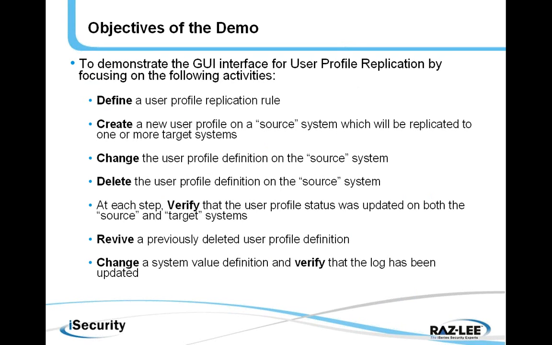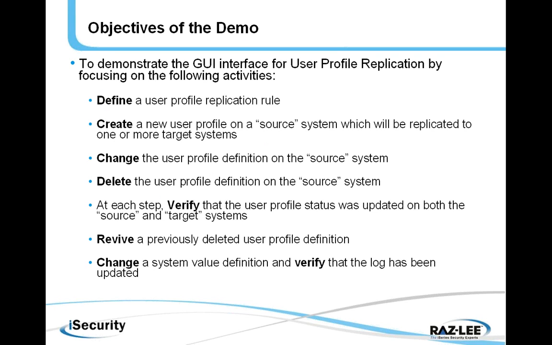So the objectives of this demo then are as follows. We're going to demonstrate the graphical user interface for user profile replication by focusing on the following activities. We'll define a user profile replication rule. We'll create a new user profile in a source system, which will then be replicated to one or more target systems. We'll change the user profile definition on the source system and see how it's replicated.